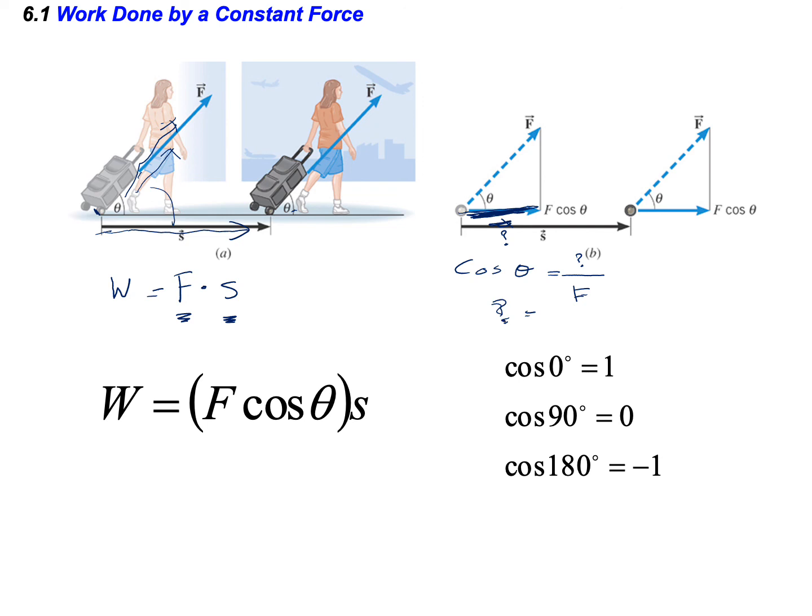We put a question mark, which is equal to force times cosine theta, F cosine theta. So instead of force, you put the component of force along the horizontal direction, and the displacement is S. So F cosine theta, where theta can be any angle with respect to this horizontal line, multiplied by the displacement.